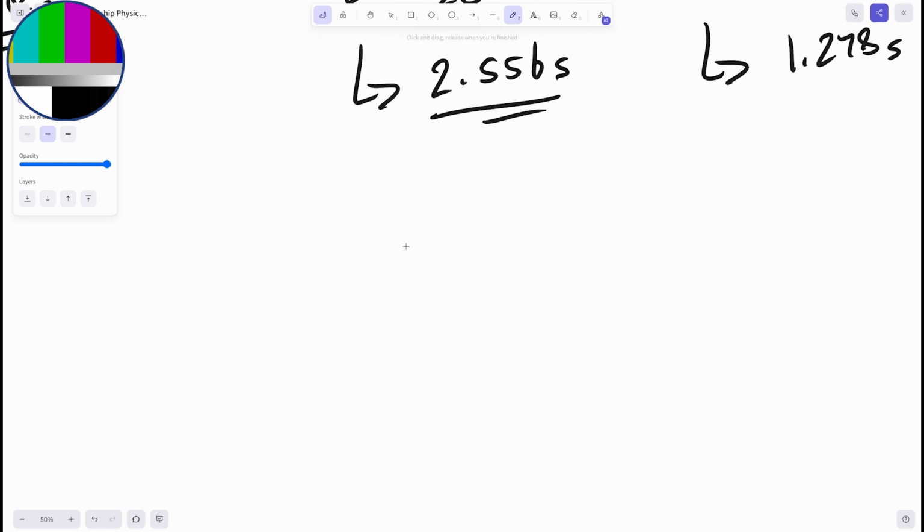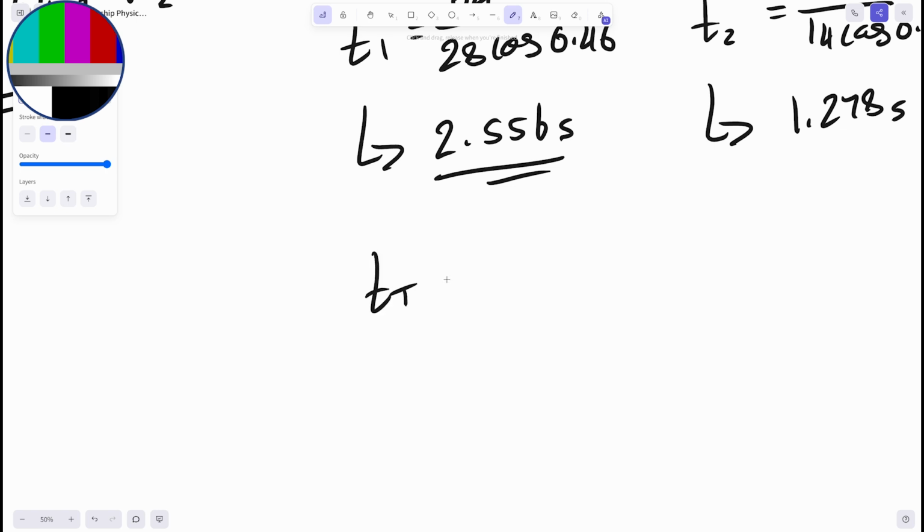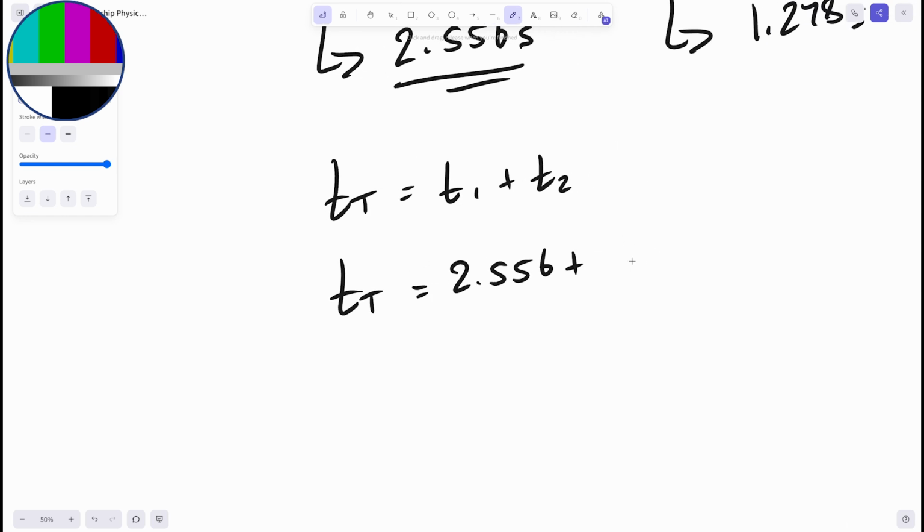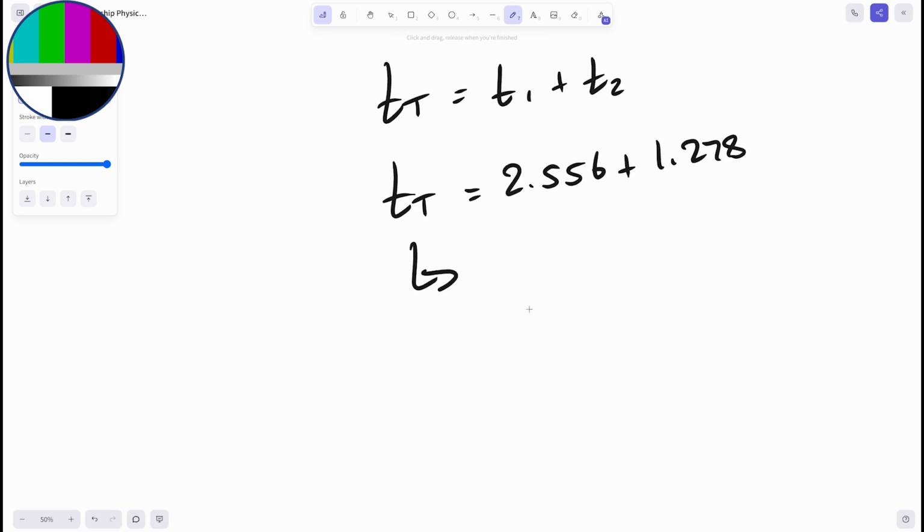Therefore, our total time is equal to T1 plus T2, and therefore our total time is equal to 2.556 plus 1.278, and that gives us a total time of 3.834 seconds. There we go.